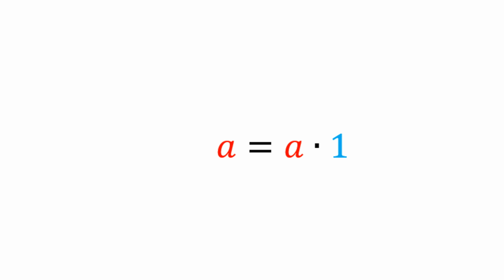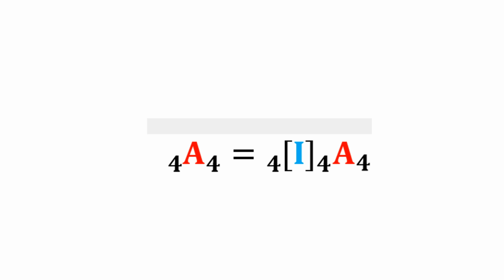When you multiply 1 by another number, you get the other number. Similarly, in matrix calculus and linear algebra, the identity for matrix multiplication is the identity matrix. When you multiply any matrix by its appropriate identity matrix, you get the original matrix.